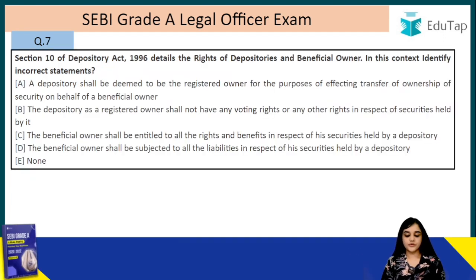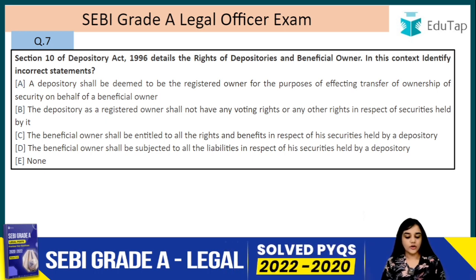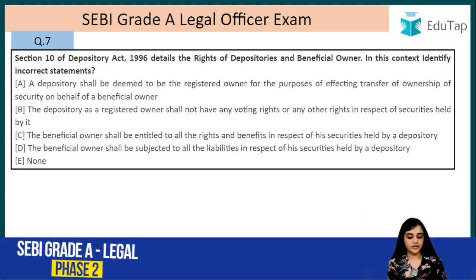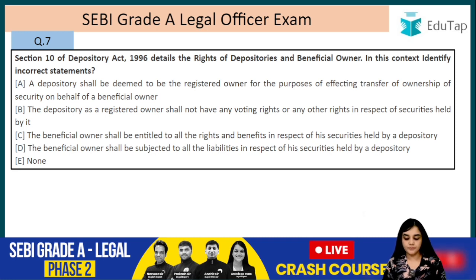Section 10 of Depository Act 1996 details the rights of depositories and beneficial owners. In this context, identify the incorrect statement. A depository shall be deemed to be the registered owner for the purpose of effecting transfer of ownership of security on behalf of the beneficial owner.